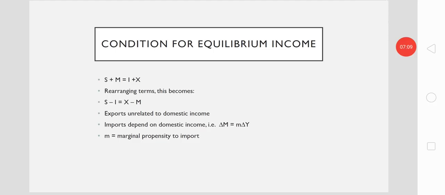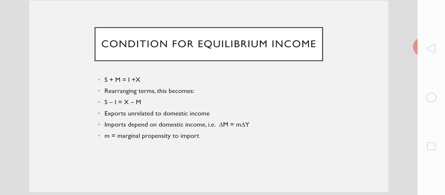Here the total value of import is determined by the marginal propensity to import and national income. So national income into marginal propensity to import is the total import of the nation.